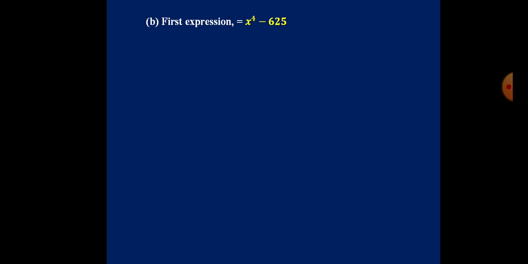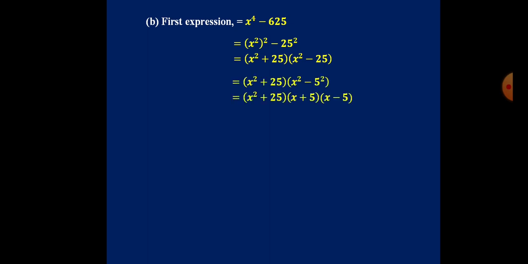The first expression can be rewritten as (x squared) whole squared minus 25 whole squared, because 25 squared is 625, and this fits the identity a squared minus b squared, that is (a plus b)(a minus b). In the second term, x squared minus 25 can be further reduced, as 25 can be expressed as 5 squared. So x squared minus 5 squared means (x plus 5)(x minus 5).